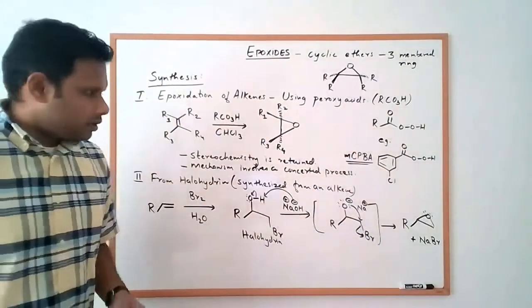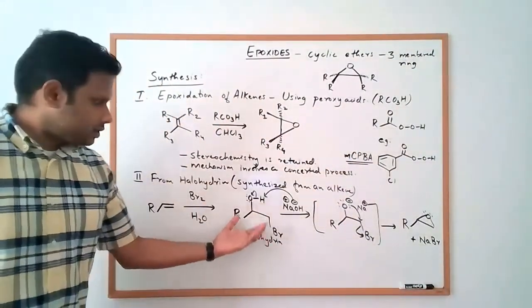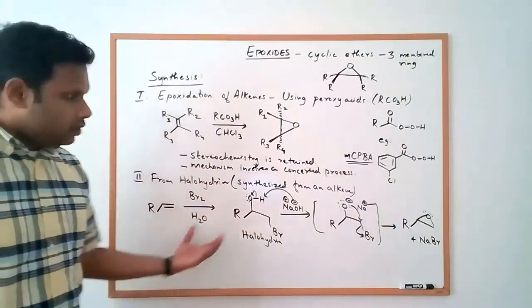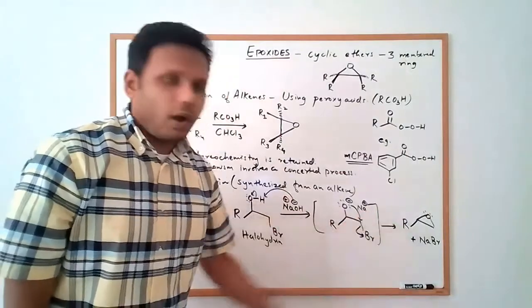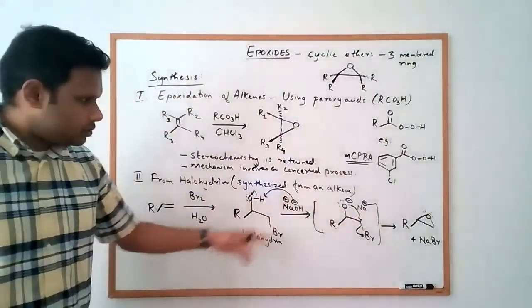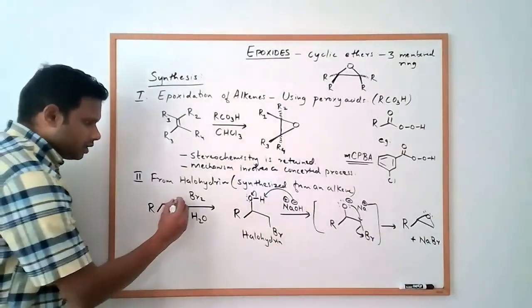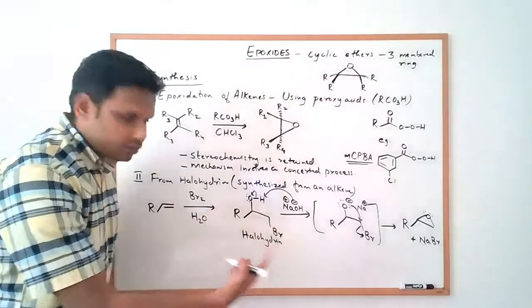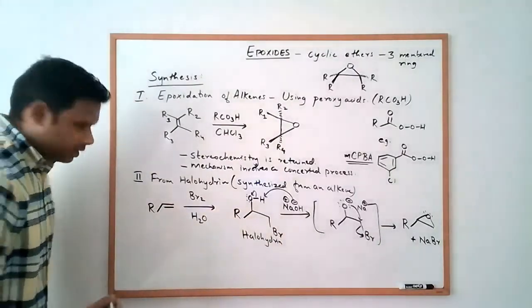So the halohydrin, which is synthesized from an alkene, can also give you an epoxide when the halohydrin is treated with a base. So treating a halohydrin with a base is going to give us an epoxide, and this reaction would be done in steps. So we'll look at an example here.